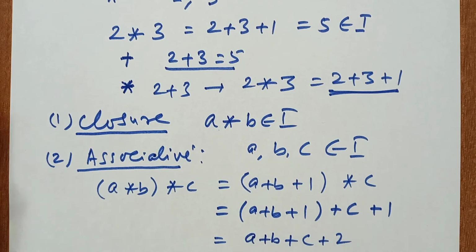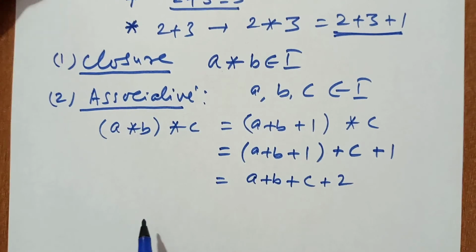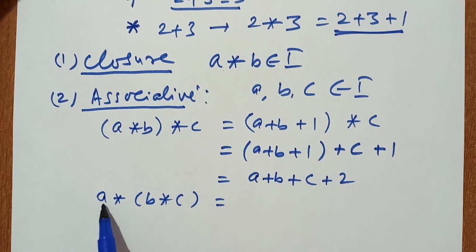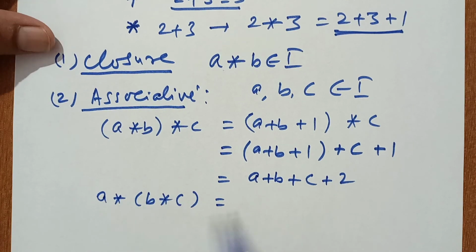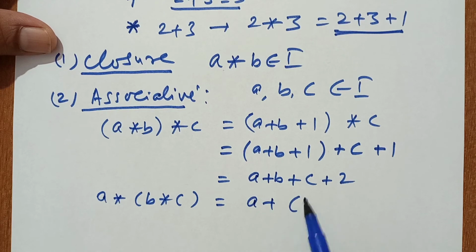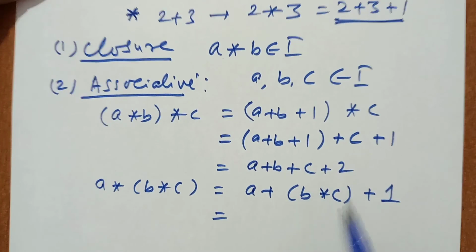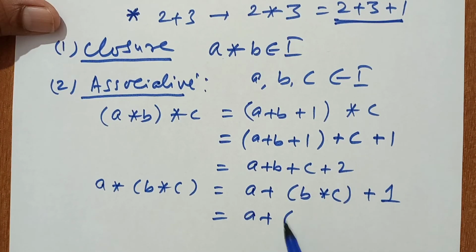Similarly, if you want to find a star (b star c), suppose this is capital B. So a plus B plus 1, and again we expand this definition: a plus b plus c plus 1 plus 1.